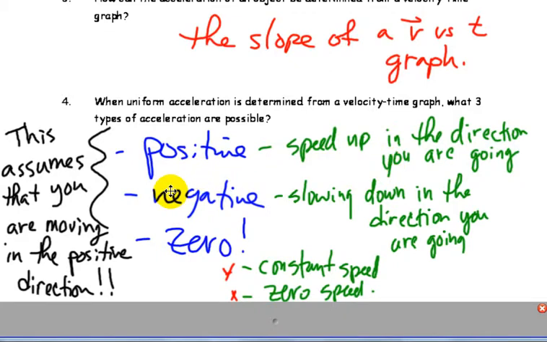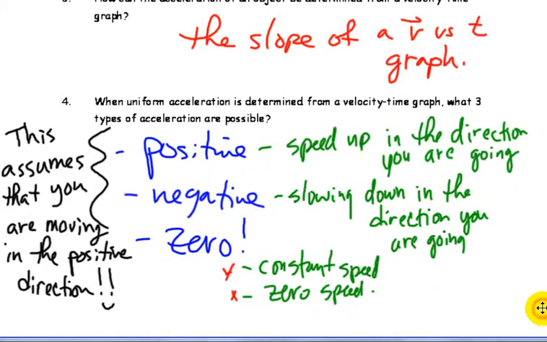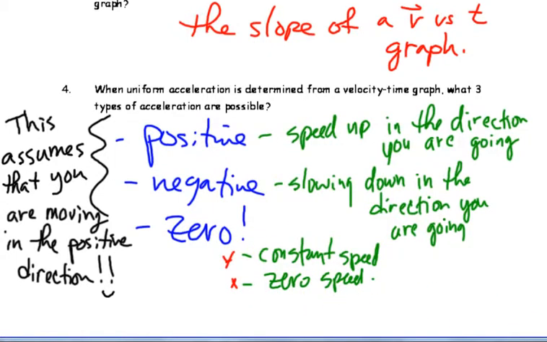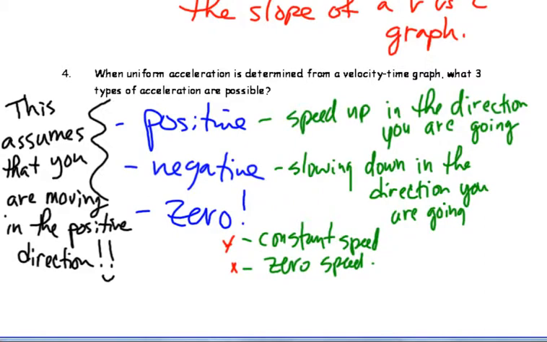If it's negative, it means we're slowing down in the direction we're going, so that's going to be deceleration. And of course, if it's a flat line, constant velocity or constant speed, that's going to mean 0 acceleration. Or of course, other scenarios: if we're not moving, then that of course is 0 acceleration as well.